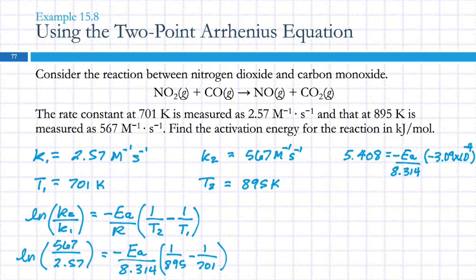Okay, I'll do that one. 567 divided by 2.57 equals natural log. 5.396? Okay. Thank you.